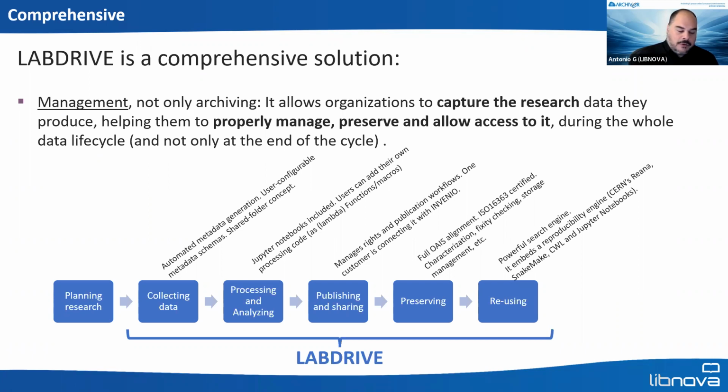The second relevant thing about preservation and processing is that we have a Lambda engine. For the ones that are not familiar with the concept, you can think about it like a macro for an Excel file. So you have your content and your data, and you can add your own code to the platform, and this code will be executed on demand when you launch the process, or could be executed by the platform as a trigger process.